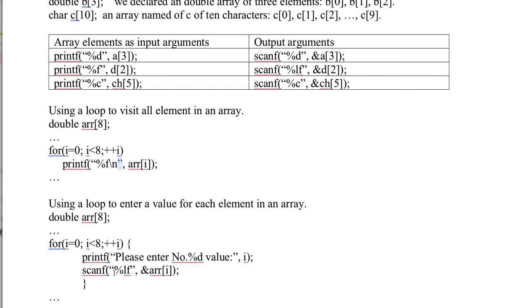And then it moves into the body, and then jumps back to the increment part, the update of the condition. I increase by 1, still less than 8, so it will get into the body. The way a for loop is executed, it starts from the initialization, and then checks the condition. If the condition is true, it moves into the body.